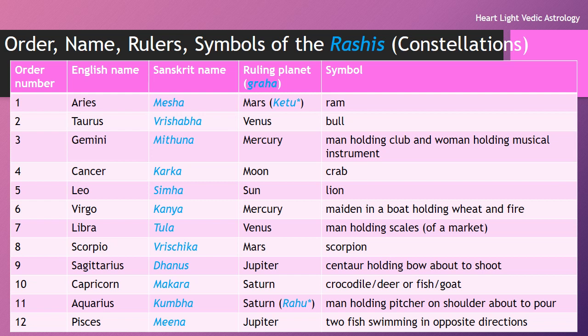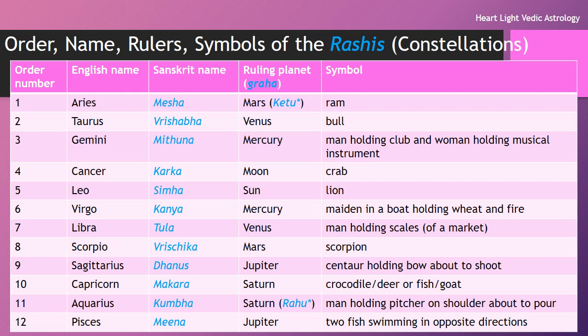And so whenever you see a birth chart, for example, and a 1 is written, and they're indicating a Rashi, that would be Aries. If you see a 3 and that's indicating a Rashi, that would be Gemini. Okay, so it's important to know the order and know which number corresponds with which Rashi or constellation.